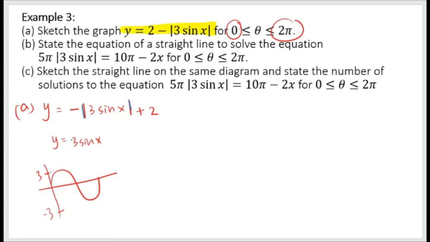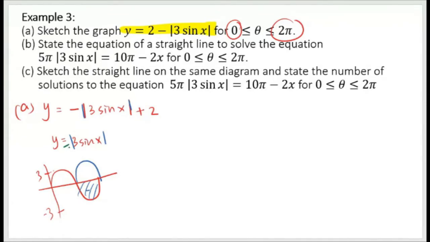So now we add the modulus. Modulus means negative becomes positive. So it becomes like this. So now it is y equal to modulus 3 sine x. Modulus 3 sine x like this. After this, next step is we add in again the negative: negative modulus 3 sine x.